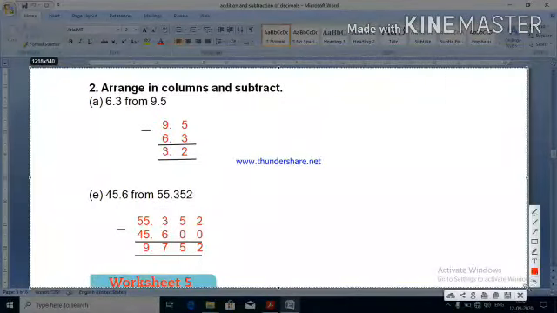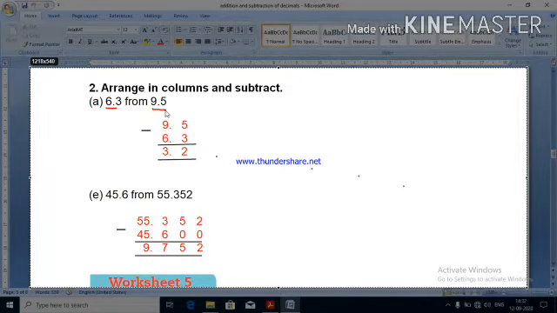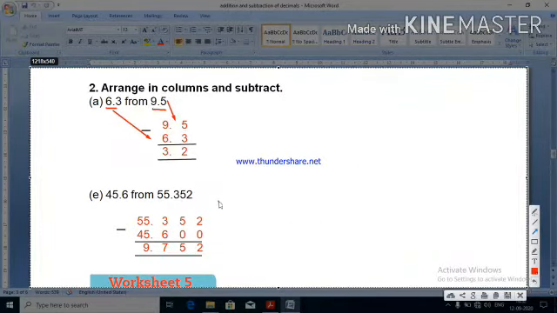Here 6.3 from 9.5, you have to write 9.5 here and 6.3 here, and then subtract the same. 5 minus 3 is 2, 9 minus 6 is 3. So 3.2 is your answer.